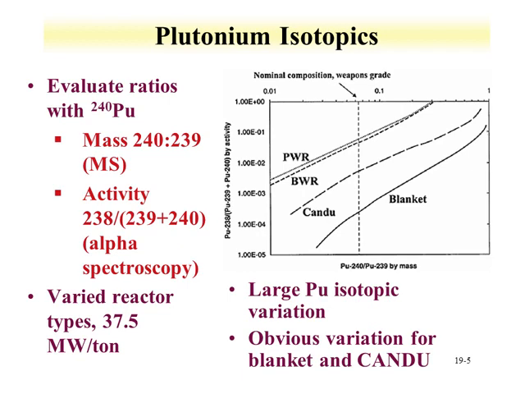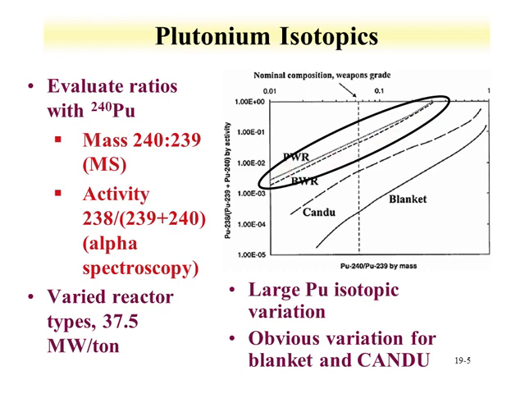Plotting this is shown here, where the plutonium-238 divided by the plutonium-239 plus plutonium-240 activity is plotted against the 240 and 239 mass. What's shown here, for varied reactor types at 37.5 megawatt-days per ton, is that you can even evaluate differences between pressurized water reactors and boiling water reactors, although the difference isn't that great.